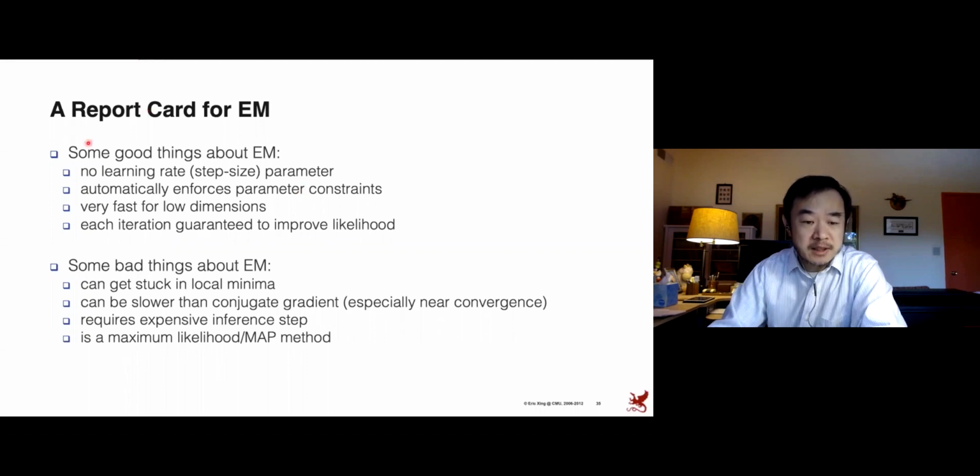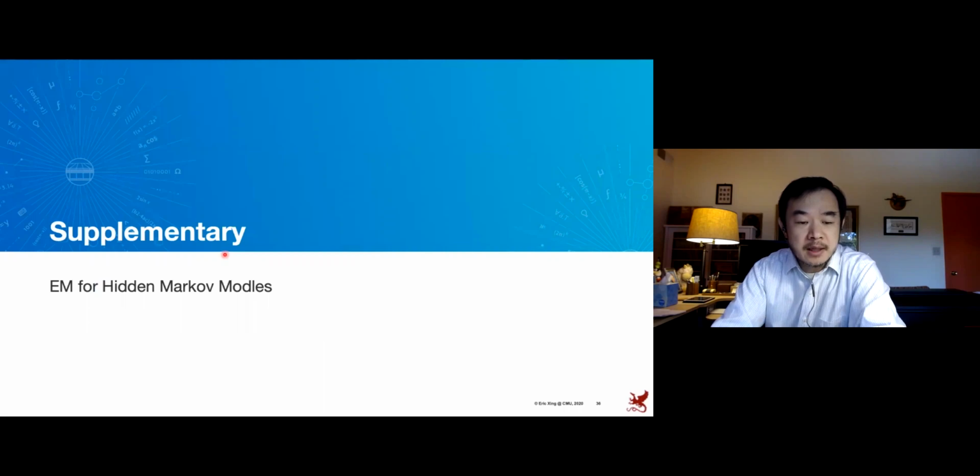This is your take-home message, a report card for the EM algorithm. And in the supplementary, I have some fun slides telling you how to use the same algorithm to estimate fancier models, like a hidden Markov model. That algorithm was not known as EM. It's known as forward-backward and Baum-Welch. You have all these fancy names. But at the core, it is statistically an EM procedure.